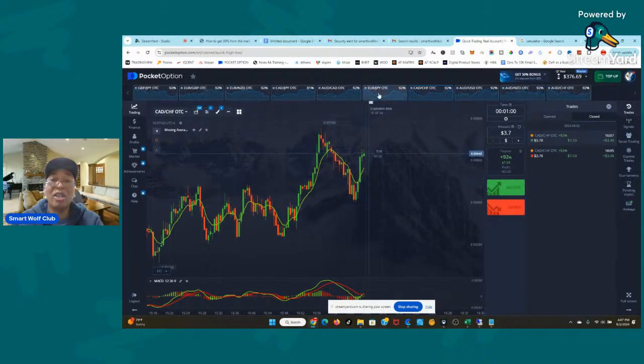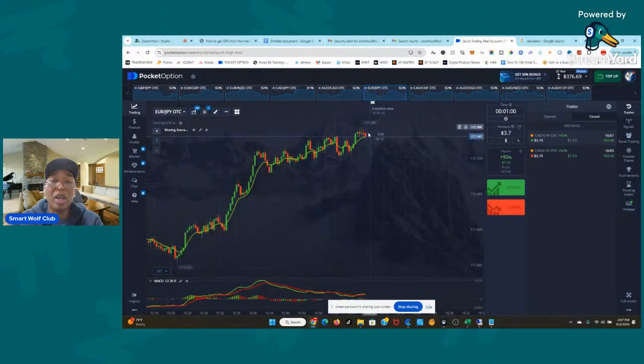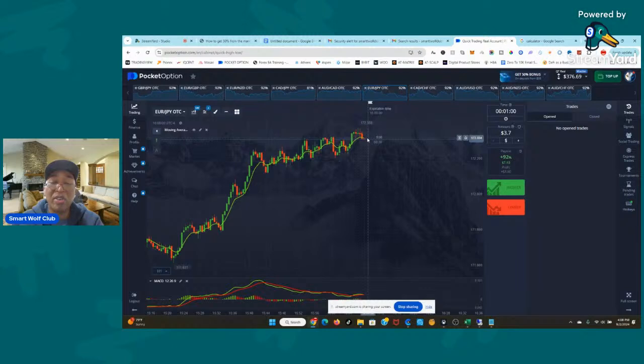Okay, so let's look at another pair. This is an upward trend, you can see. So let's wait. It's closing above. If it closes above and continues closing above... it looks like it's crossing below that moving average.